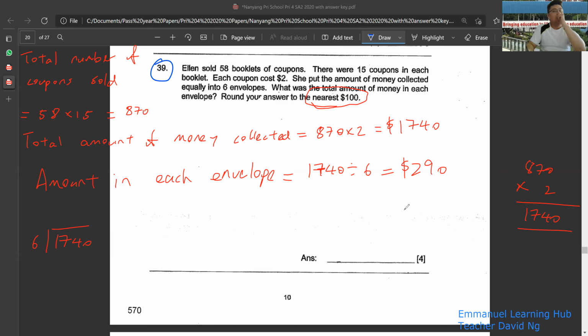Not 200, 290, nearest 100. You look at which number? You look at number 9. Round up to 300. Okay, get it?